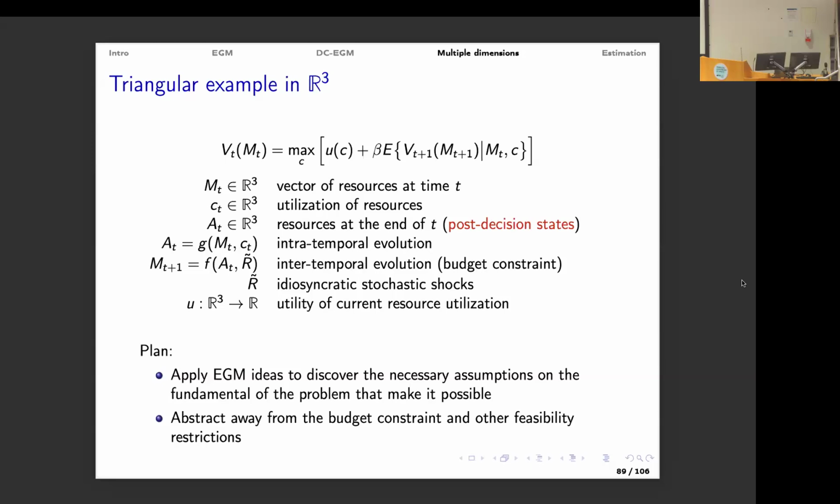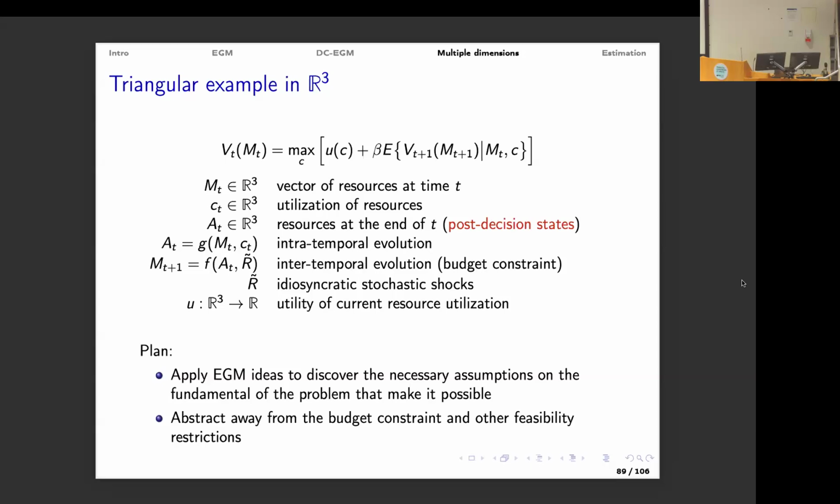Can be money, health, I don't know, human capital. You think of stocks, but they could be controlled by different decisions, sort of like consumption savings. And then we would have to have this end of period or post-decision states in order to do the trick with the EGM loop.